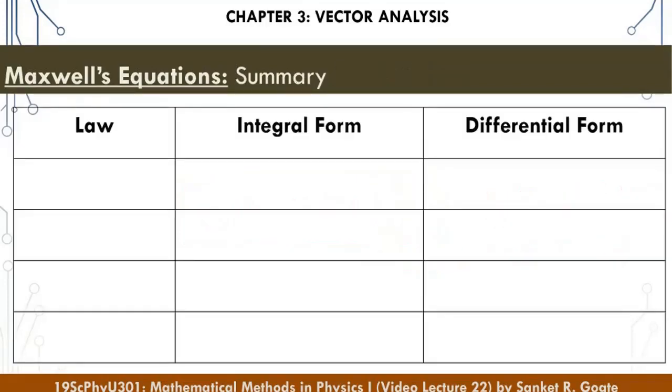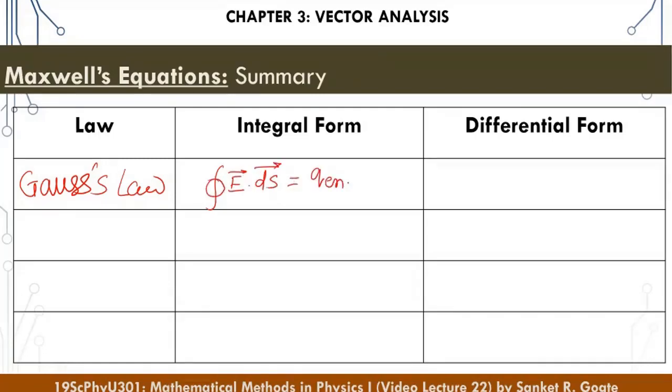Okay, so let's summarize and write all the Maxwell's equations in integral and differential form. The first equation is Gauss's law for electricity. Its integral form is E dot ds over a closed surface is equal to Q enclosed divided by epsilon 0.